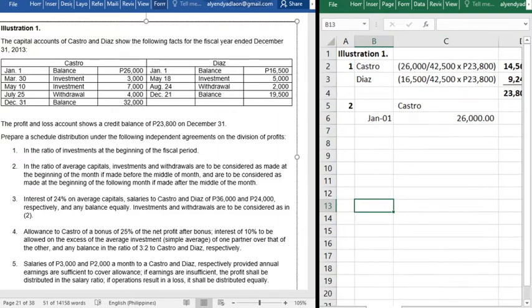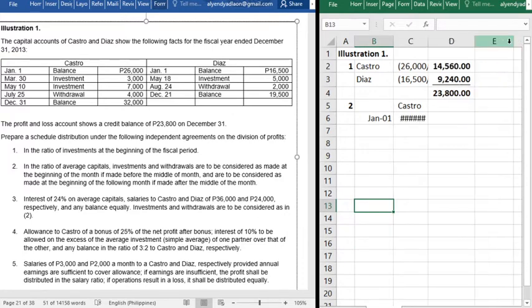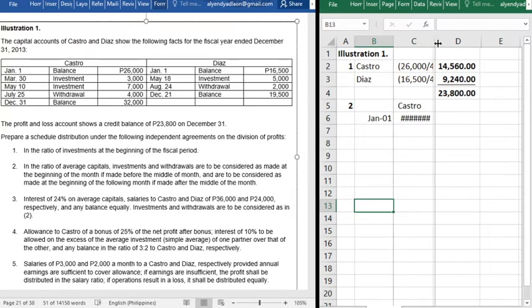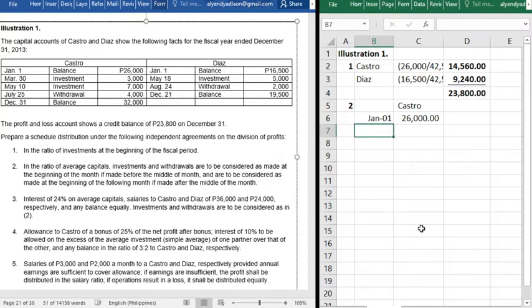Okay, that is 26,000. And then multiplied by the fraction. So as you can see, class, on March 30 there is already an additional investment, right? This means that this 26,000 balance is only up to March 30.